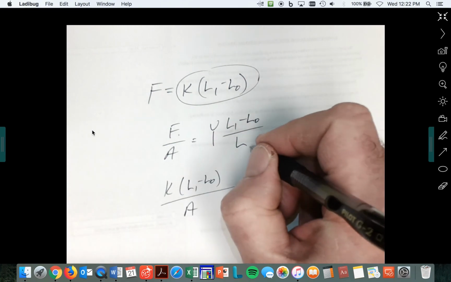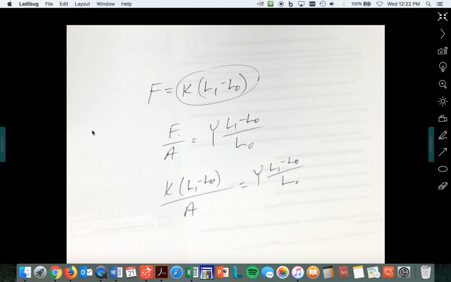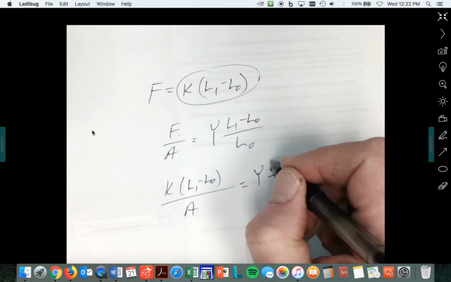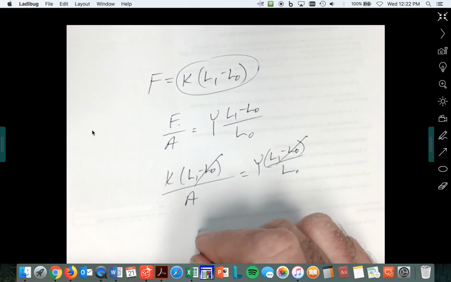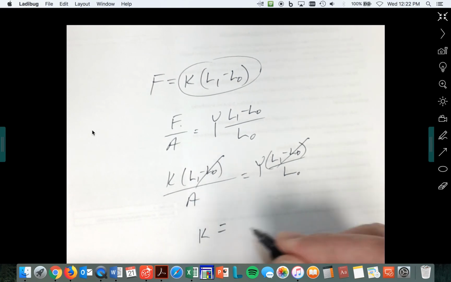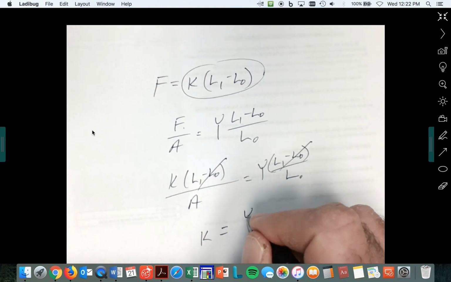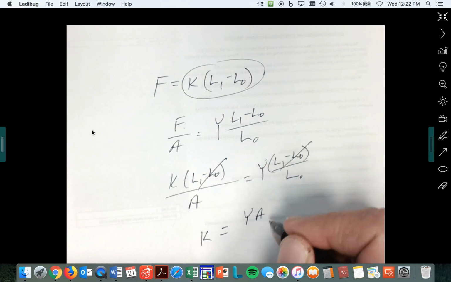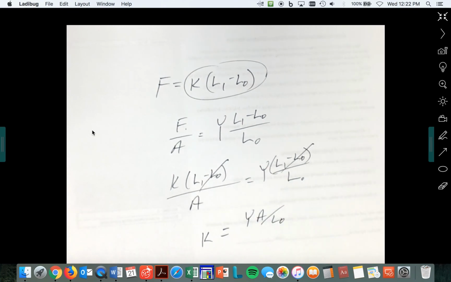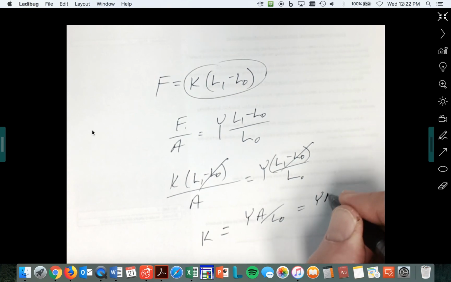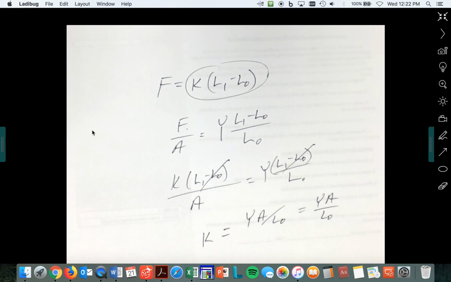Okay, should make this L naught. Clear on that? All right, look, this term cancels. And so k is equal to YA divided by L naught. So you can write that as YA over L naught.